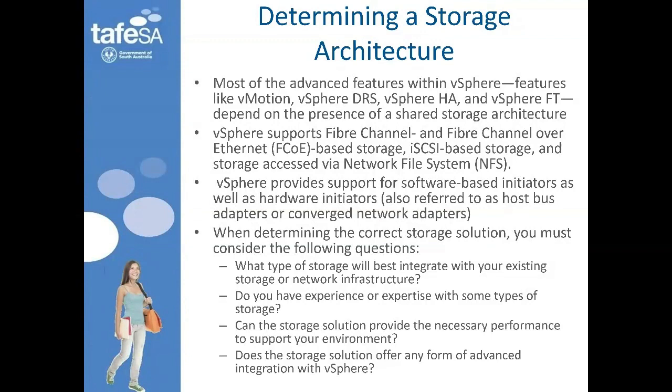Do you have experience with some of this type of storage? Maybe I've got so much experience with iSCSI. It's pretty obvious then I choose iSCSI. I have no experience with fiber channel. Then probably don't choose fiber channel unless there's a real good reason to do it. Can the storage solution provide the necessary performance?